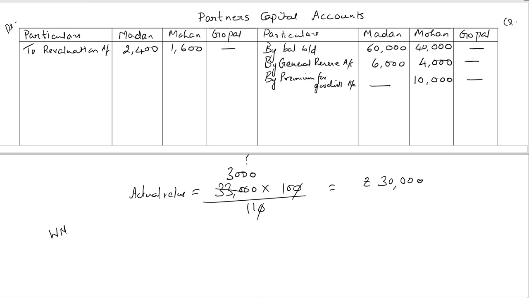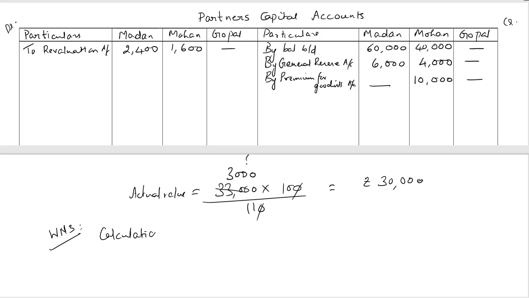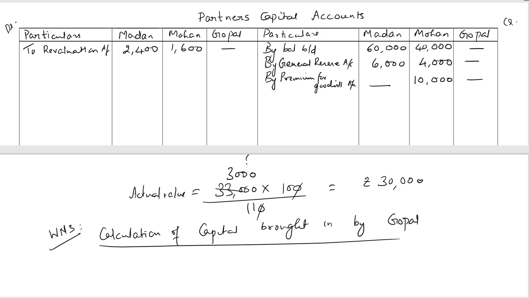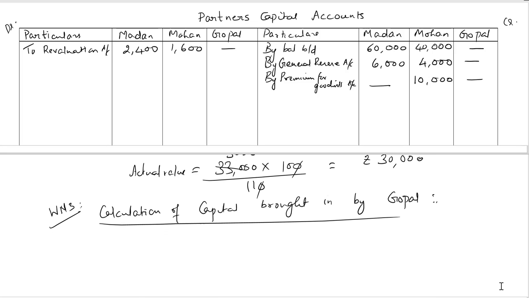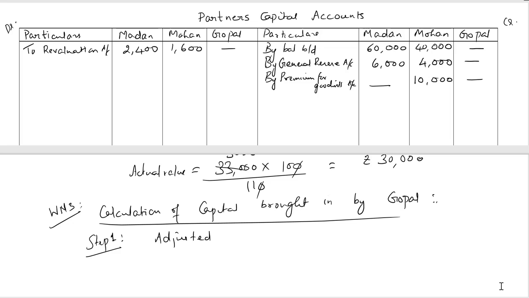So the next working note 3 is calculation of capital brought in by Gopal. So step 1, adjusted capital of Madan and Mohan.